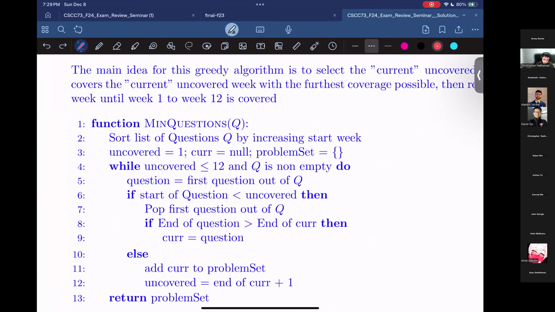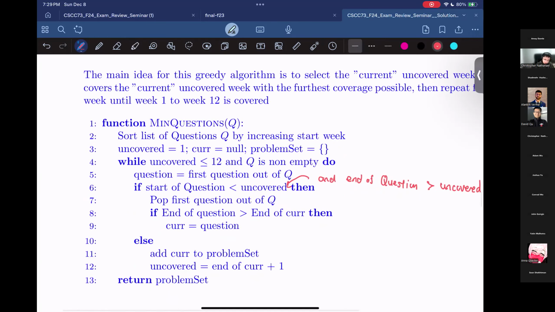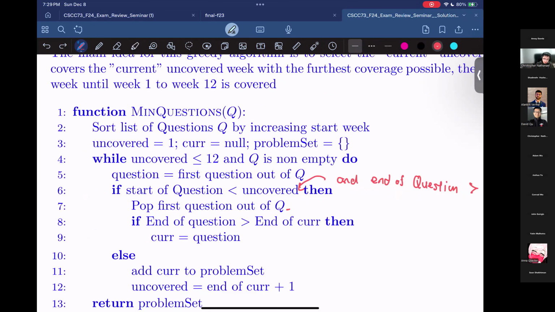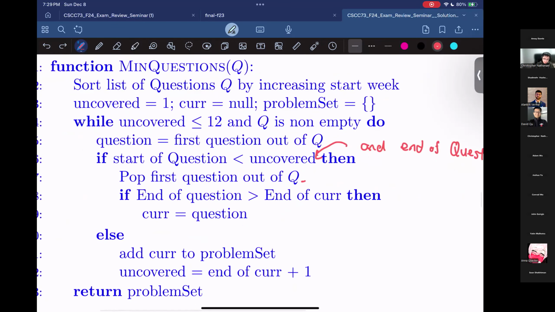If start of question is less than or equal to uncovered and end of question is at least uncovered, so uncovered is covered by this question, then pop the first question out of queue, so remove it from queue basically. Then if the end of question is better than the end of the current best possible question, make that the current best possible question.